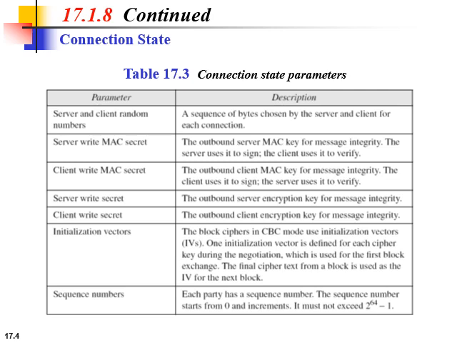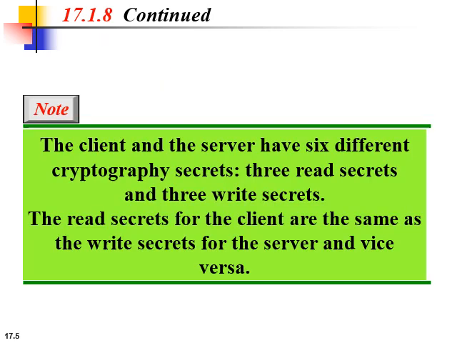It is just for the distinction of the packets. Moving on, the client and the server have 6 different cryptographic secrets, 3 read secrets and 3 write secrets. The read secrets for the client are the same as the write secrets for the server and vice versa.